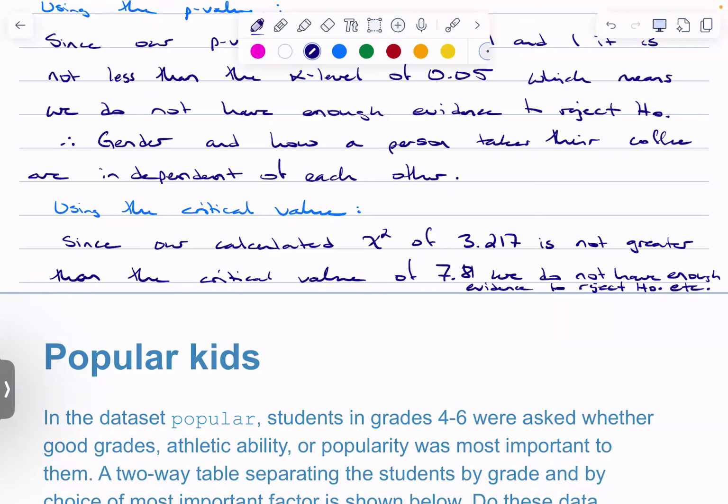Usually, if you have enough evidence to reject H naught, then you say, okay, in favor of HA, right? But I don't want to see any conclusions in terms of the alternative. Why? Because we did all our testing assuming that the null hypothesis was true until we found evidence against it. In this case, we didn't. And so then we just kind of stick with H naught.